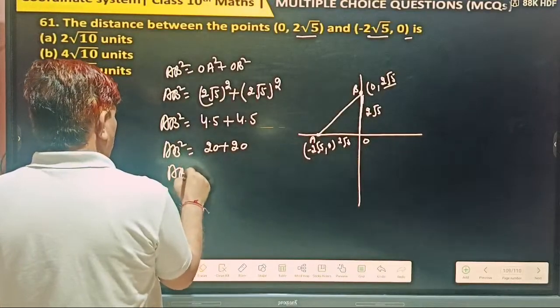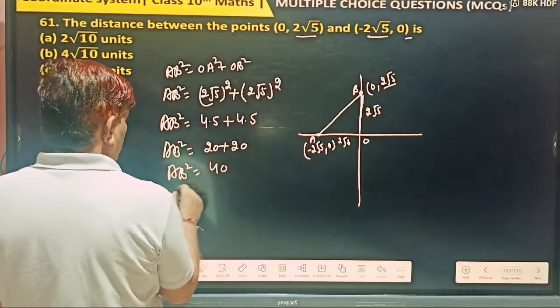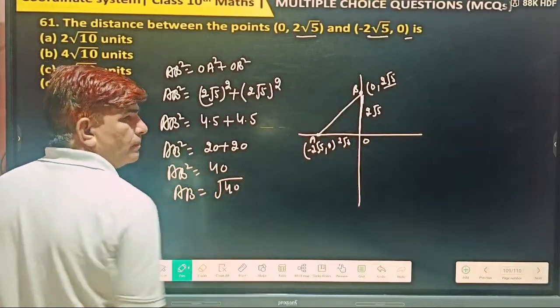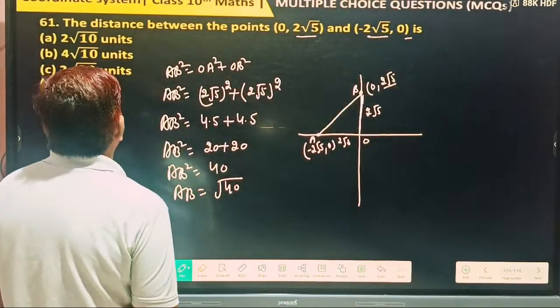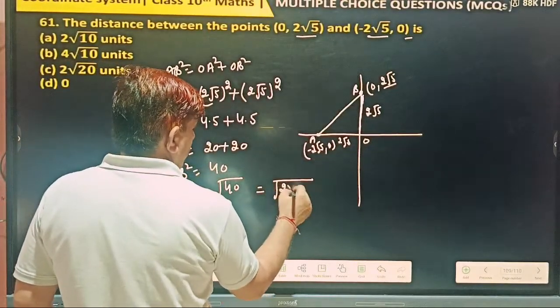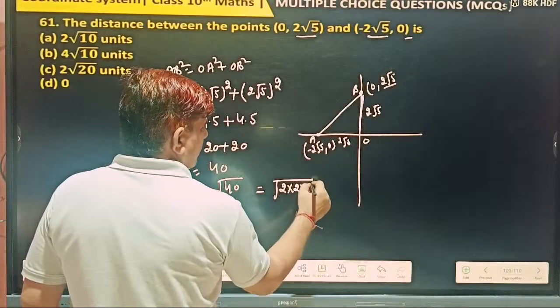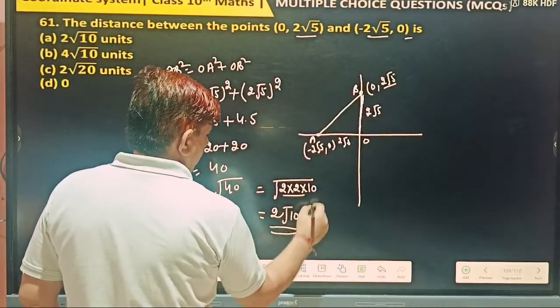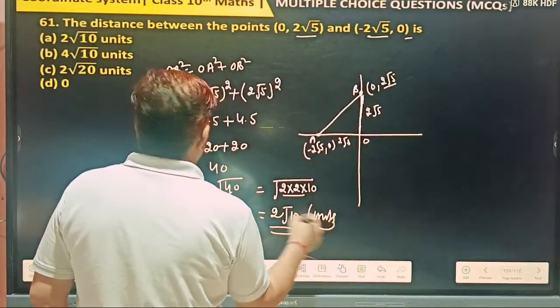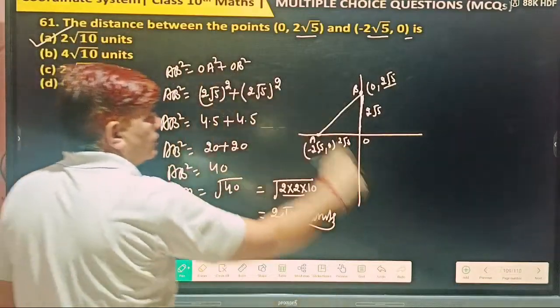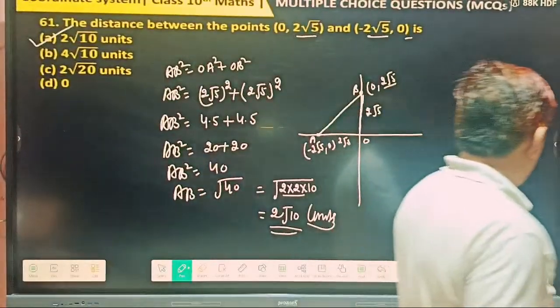So AB square is equal to 40 units. So AB equal to under the root 40. Under root 40 we can write like this: 2 into 2 into 10. So 2 coming outside, 2 under root 10. Anyway given, 2 under root 10 is its answer.